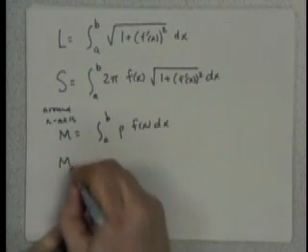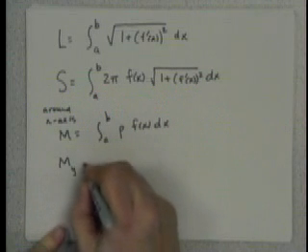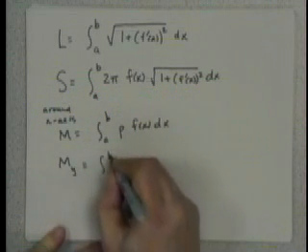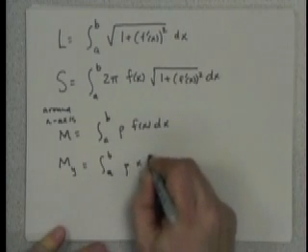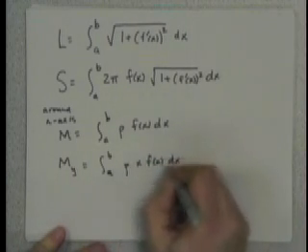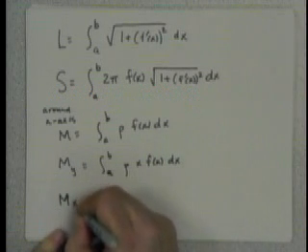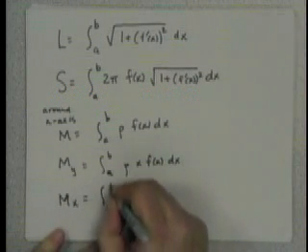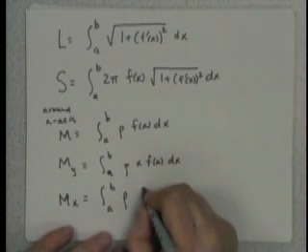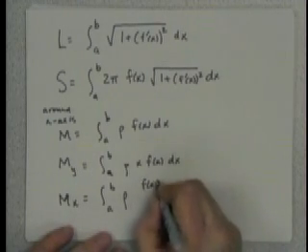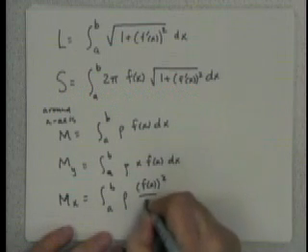To find the moment around the y-axis, it would look like that. The density times x times f of x dx. And the moment around the x-axis was the density times f of x squared over 2.